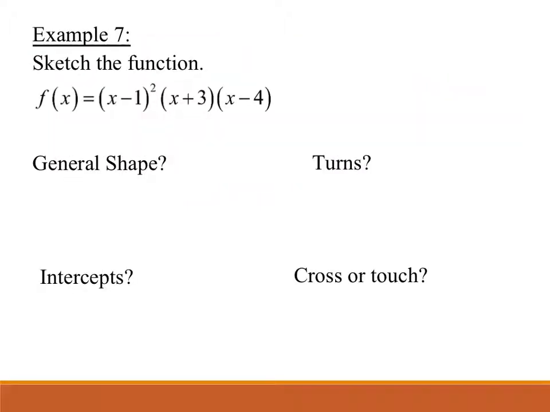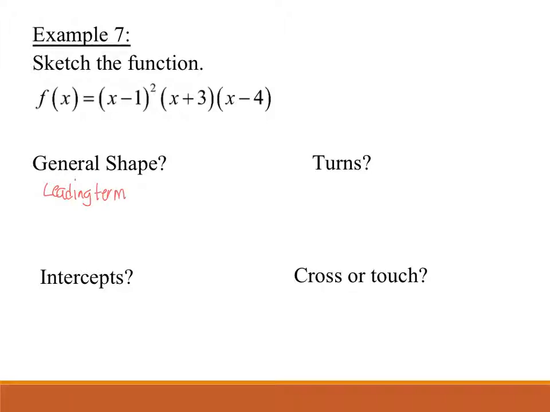So now we're going to sketch the function f of x is equal to x minus 1 squared times x plus 3 times x minus 4. The first thing is we're going to look at the leading term, so the general shape. That's what we mean.